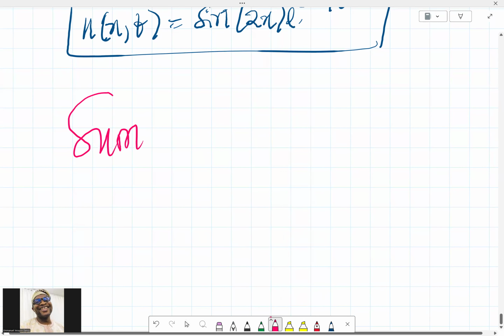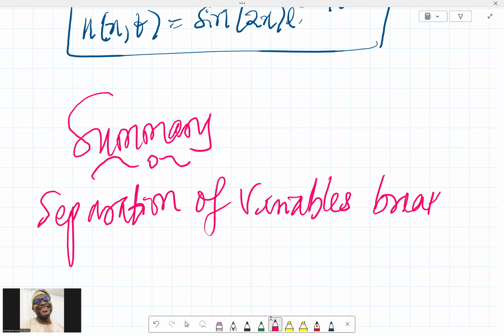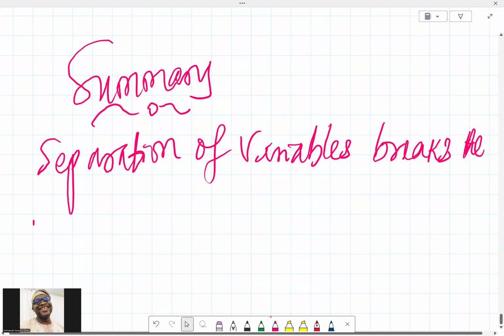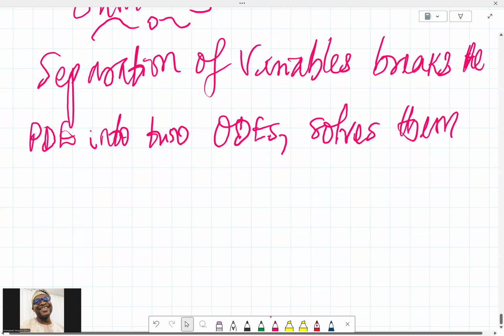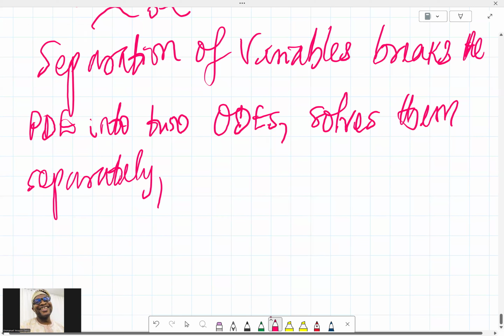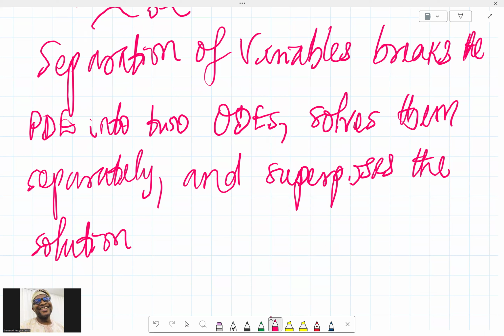In summary, separation of variables breaks the partial differential equation into two ODEs, solves them separately, and superposes the solutions to fit the initial condition.